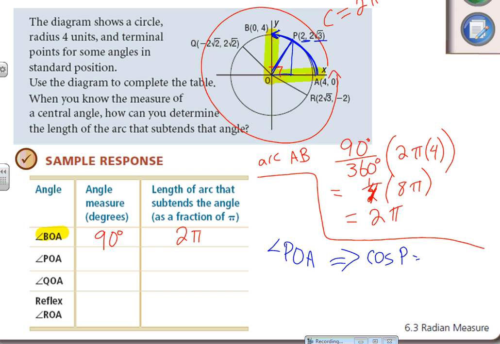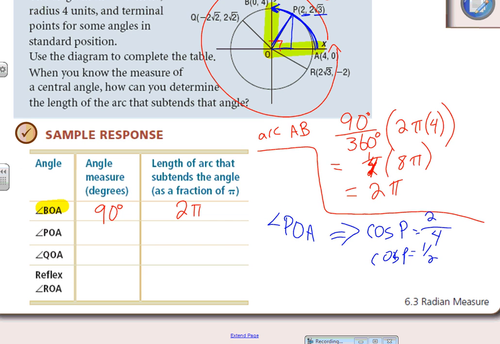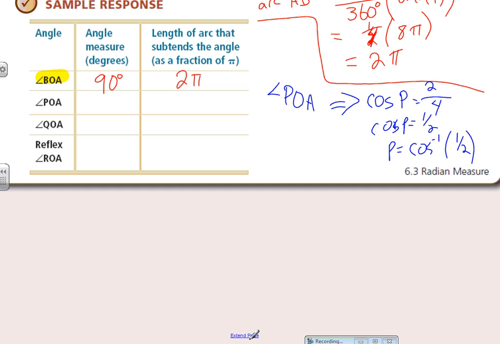The x is 2, the r is 4. So cos of P equals 1/2, and P equals the inverse cos of 1/2. Or noticing, hey, 1/2, that's the unit circle thing, then angle P is 60 degrees. So let's put it in there, 60 degrees.